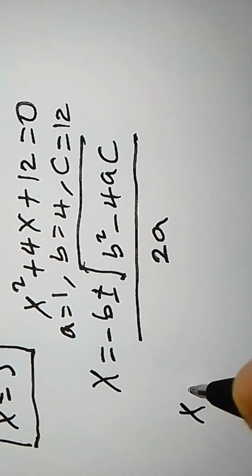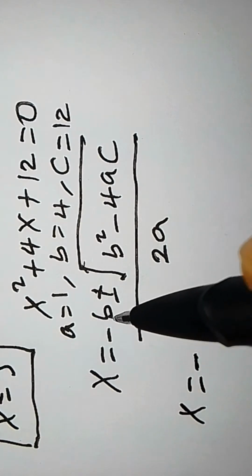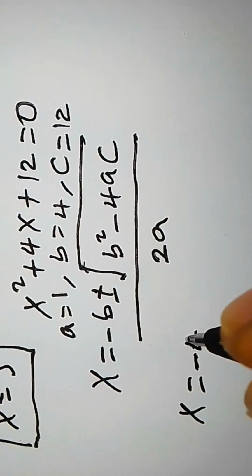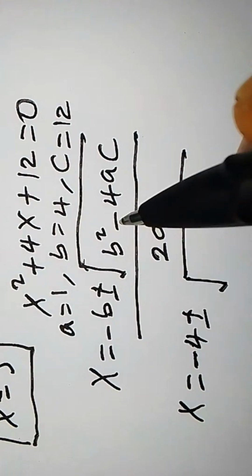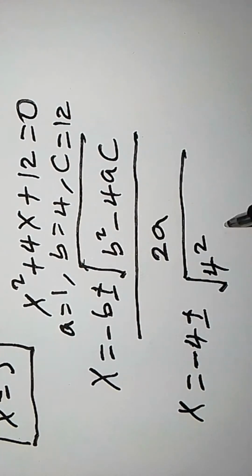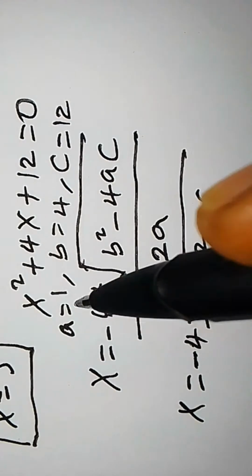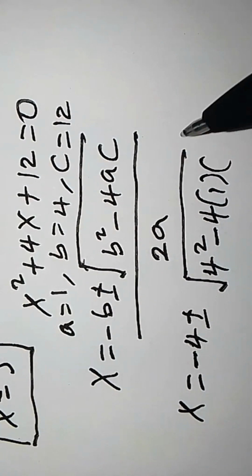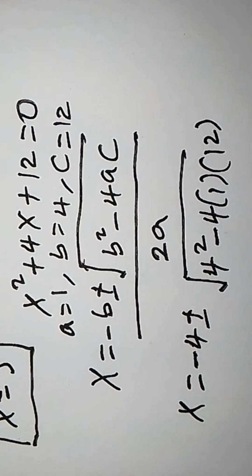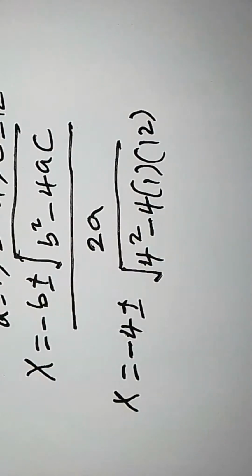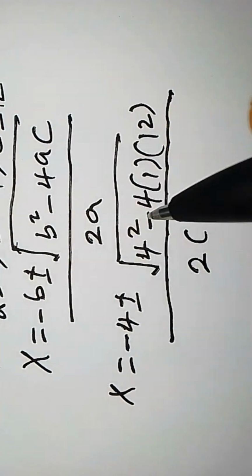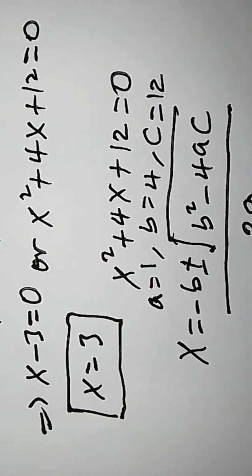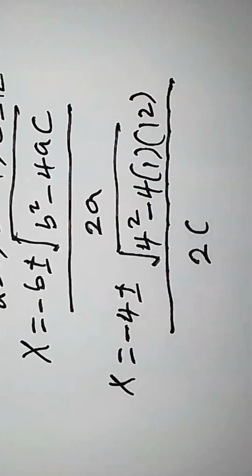So x is equal to minus, what is b? b is 4, plus or minus square root of b squared, that will be 4 squared, minus 4 times, what is a? Our a is 1, times, what is c? c is 12. Everything over 2 times a, which is 1. Let's plug it down.